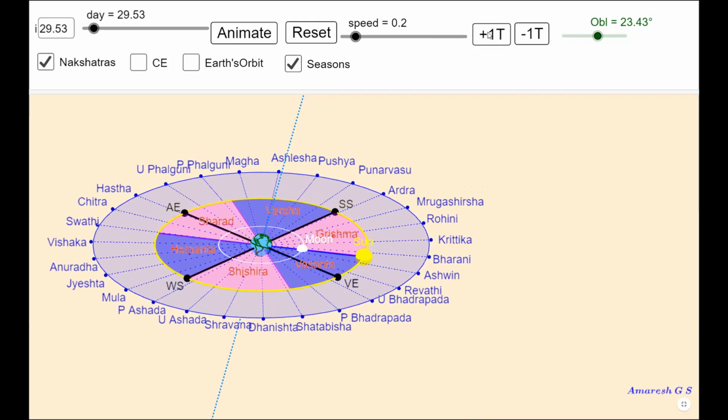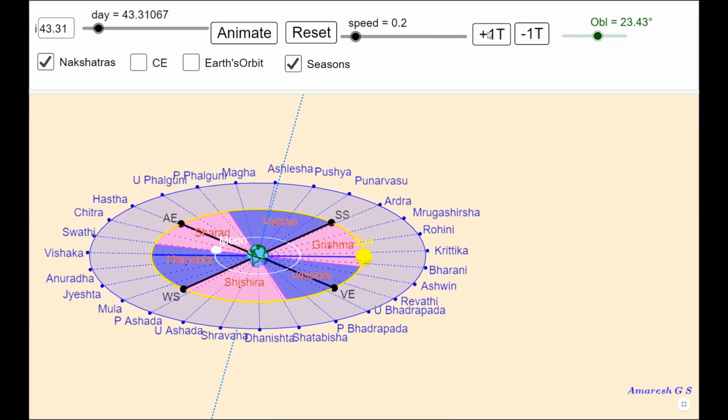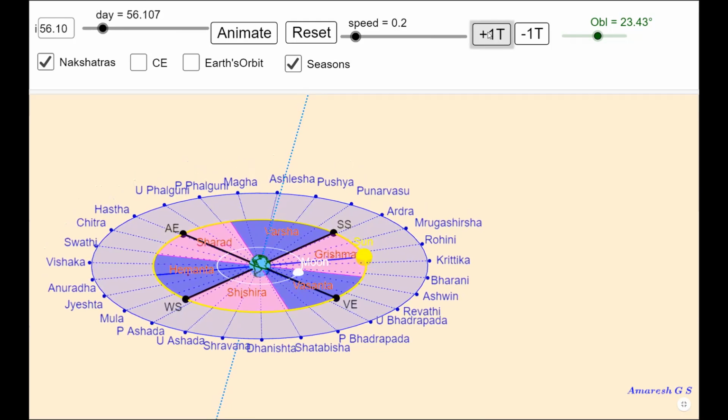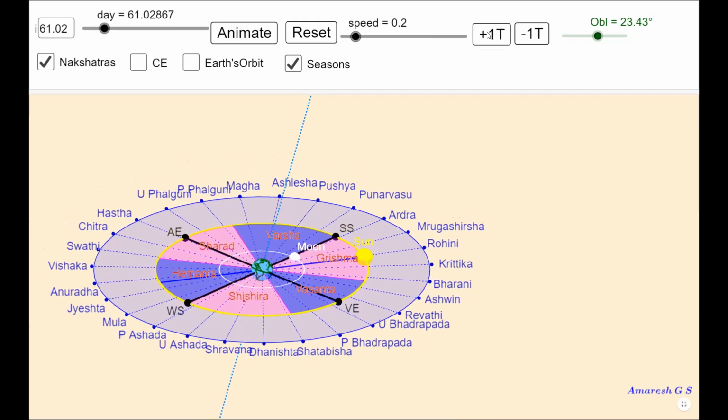This Shukra is the name of the solar month, the first solar month of the Grishma Rutu, and is not to be confused with the Graha Shukra or planet Shukra. Now the sun is traveling through the area of Grishma Rutu.